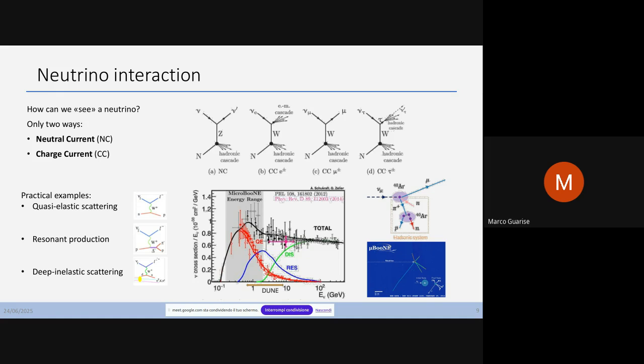This is a plot of the total cross-section of neutrinos, and as you can see, this number is orders of magnitude less than, for example, that of a proton in argon or others. So this is the reason why it's experimentally difficult to probe neutrinos, basically.